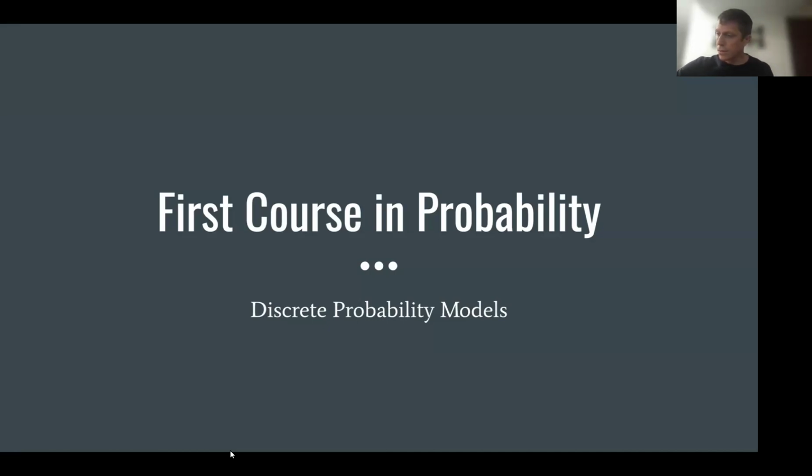Okay, so now what we're going to do is continue to build upon the principles we put in place already. And we're going to do that with discrete probability models.